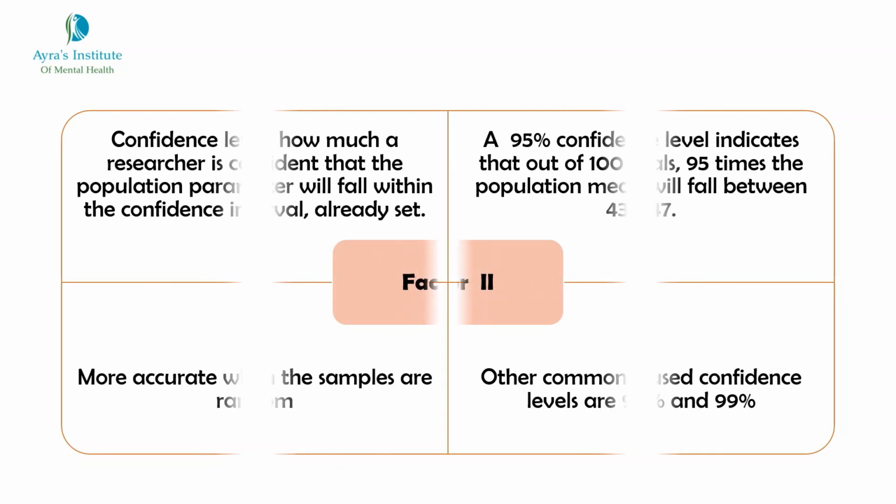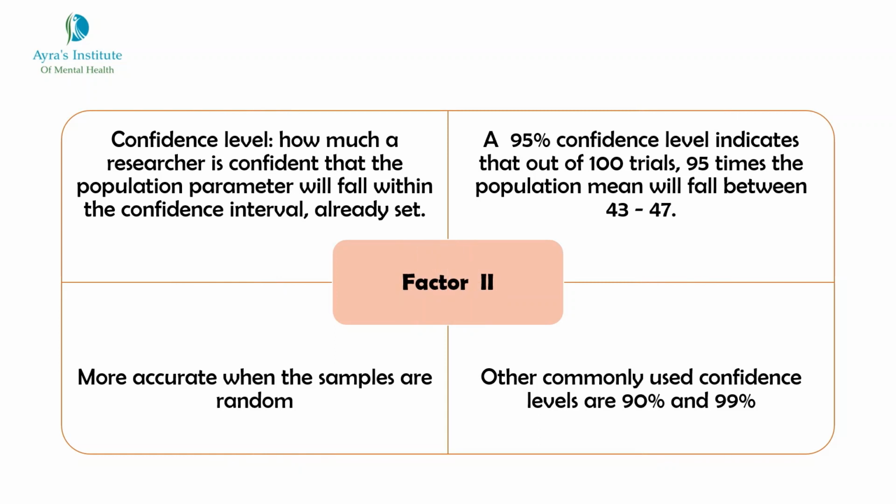Second factor is confidence level. It indicates how confident the researcher is that the population value will fall within the confidence interval which has already been set.